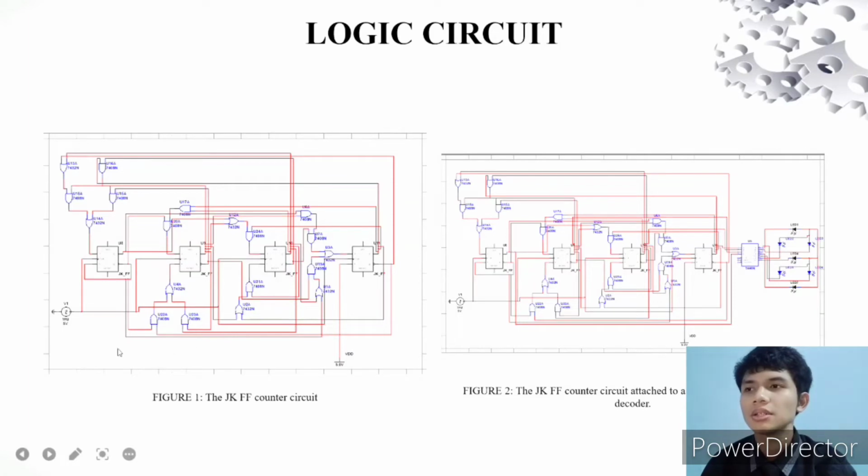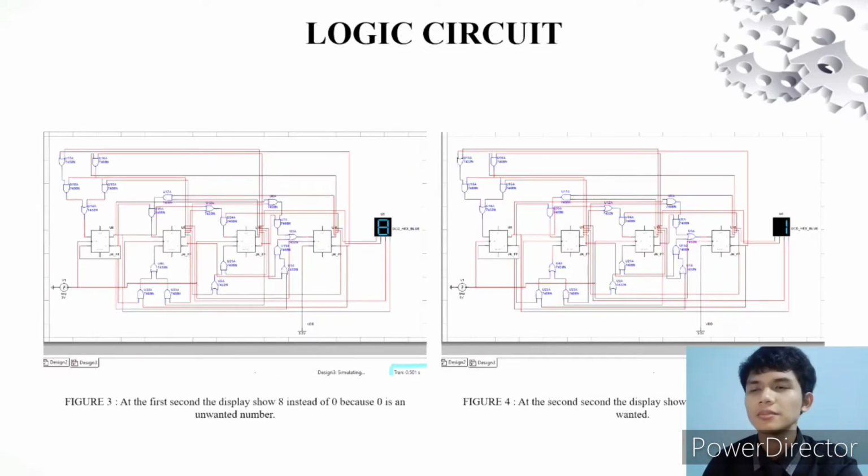On the left is just the flip-flop with all the inputs it needs and the output, and on the right is the one with the full setup like the process is supposed to be. And another sample, rather than a 7-segment display, we will use DCD for convenience to show the display.